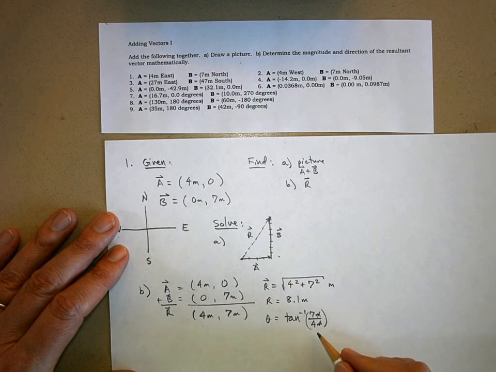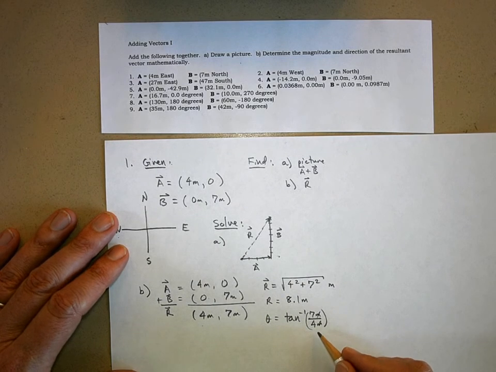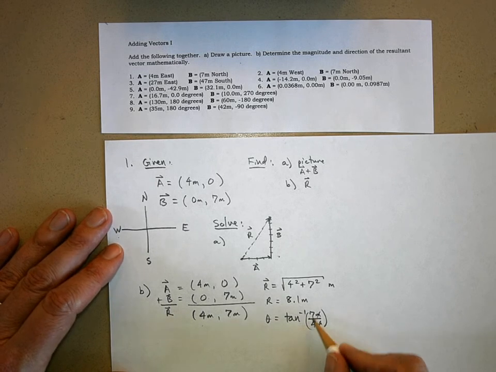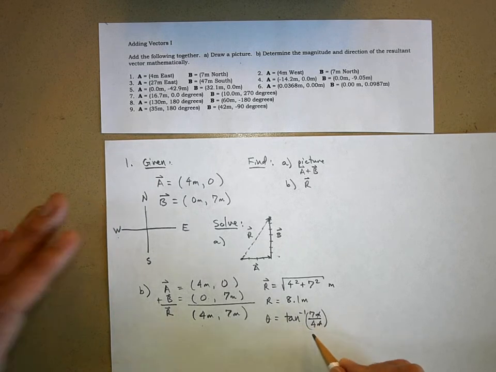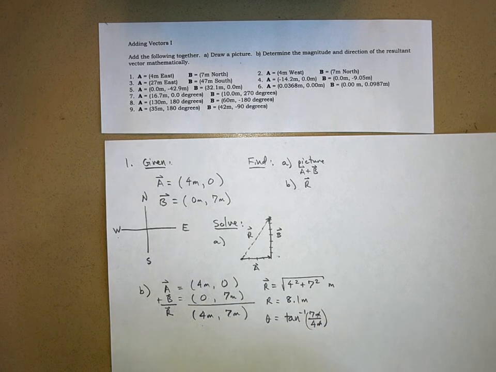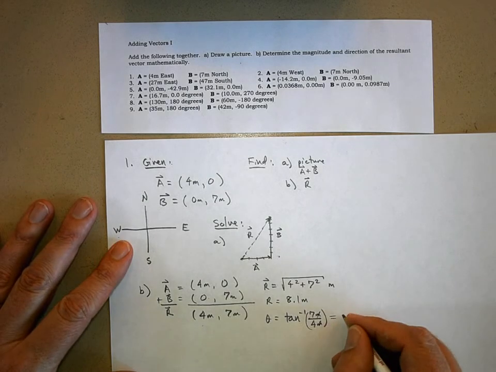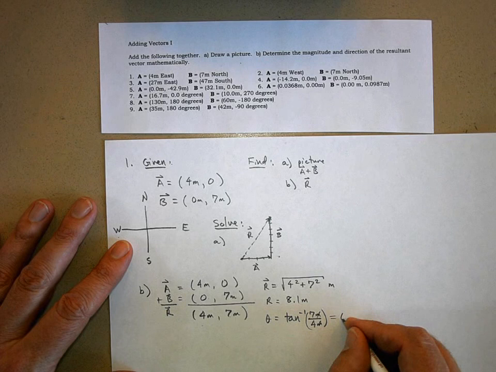Do I have to add 180 degrees to my answer? No, because I'm in the first quadrant here, because both of these are positive, I don't need to add 180 degrees. My calculator gives me the correct angle, which turns out to be 60.3 degrees.